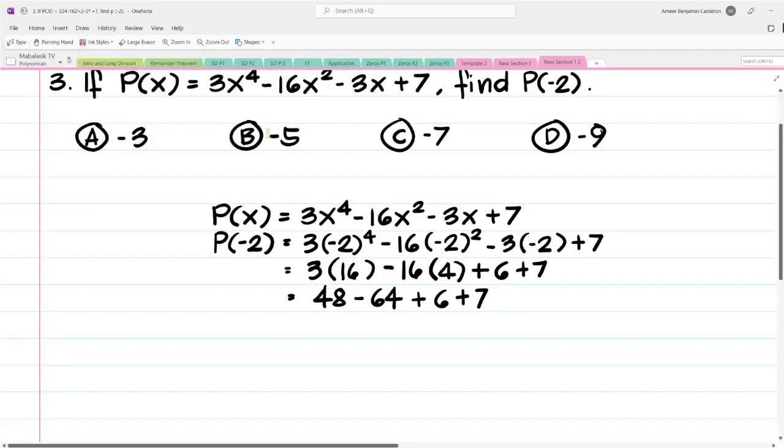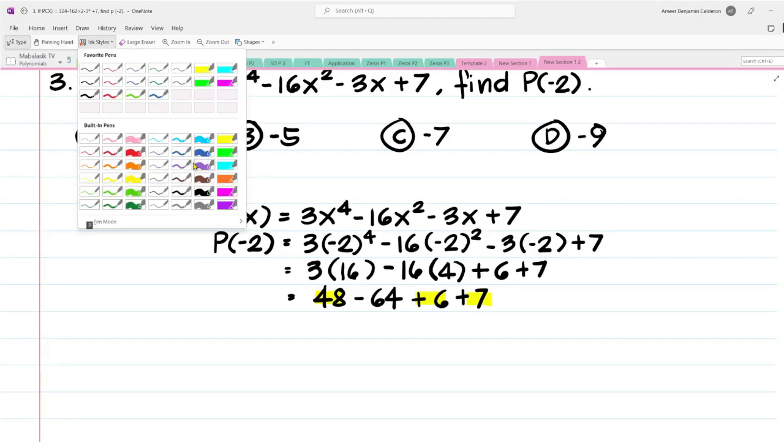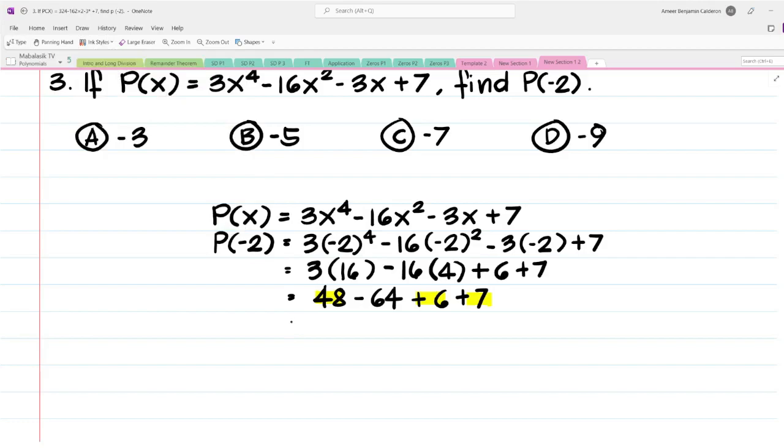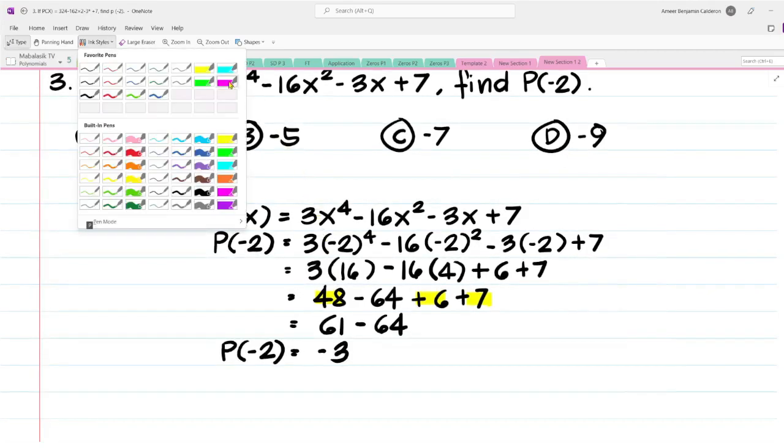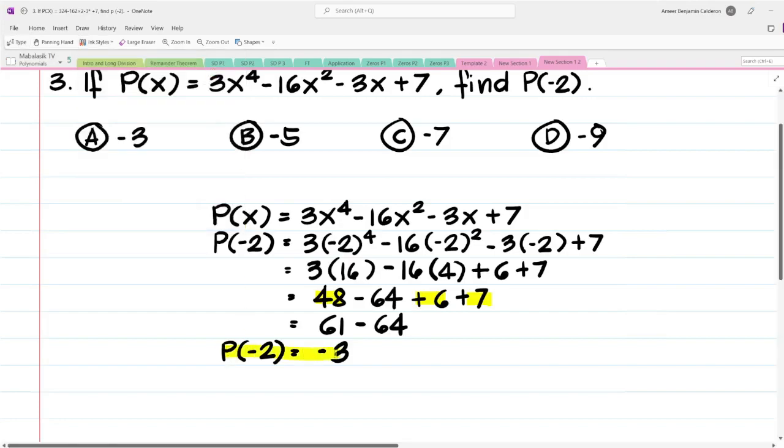So ano ba yung positives? 48 plus 6 plus 7. So that is 61. And then we have minus 64. That is the only negative. So therefore, P of negative 2 is equal to negative 3. Letter A. Move on to our fourth problem.